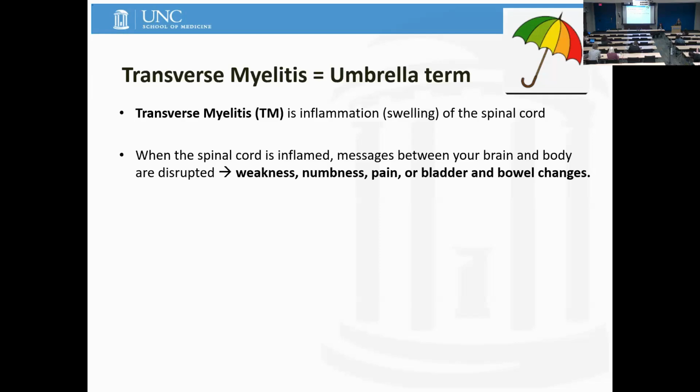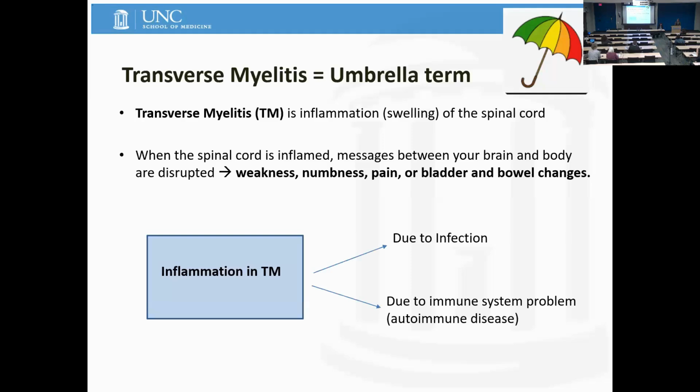So when the spinal cord becomes inflamed, it swells up, and then that can disrupt the messages between the brain going out to the body, and that's what causes many of the symptoms that we often see in transverse myelitis, like weakness, numbness, pain, and difficulty with bowel and bladder function.